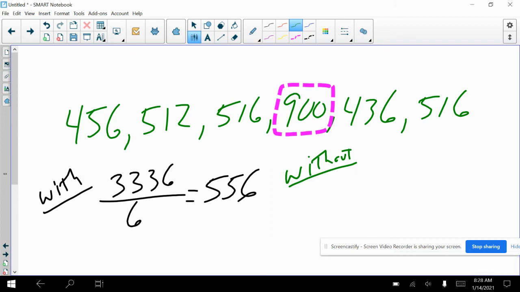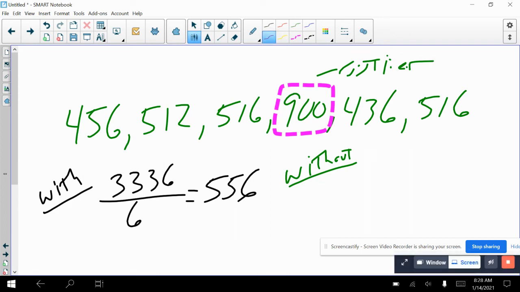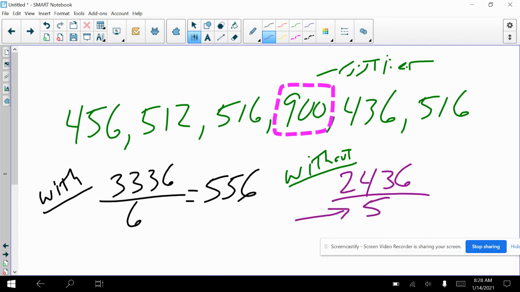If we take the outlier out, which is our 900, we're left with 2,436. And we're going to divide by, that is correct. Make sure, that's the most common boo-boo right there.